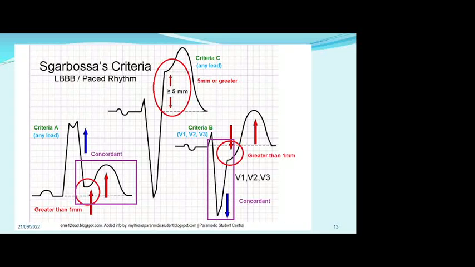So the Barbosa criteria is defined to diagnose MI in left bundle branch block pattern or even paced rhythm. The patients with pacemakers, they have left bundle branch block pattern. So paced rhythm and LBBB, you can use this Barbosa criteria. The first one is ST.